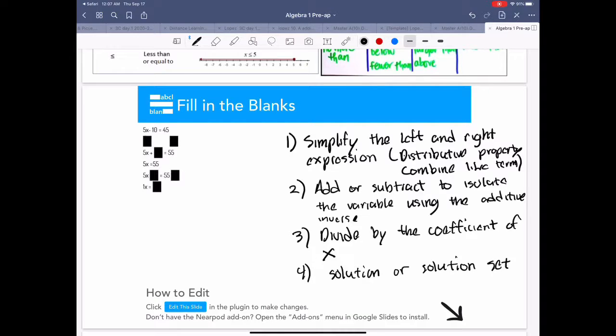Now, I forgot to put in here that you're going to be dividing using the math property called the multiplicative inverse. And those are basically your procedures.